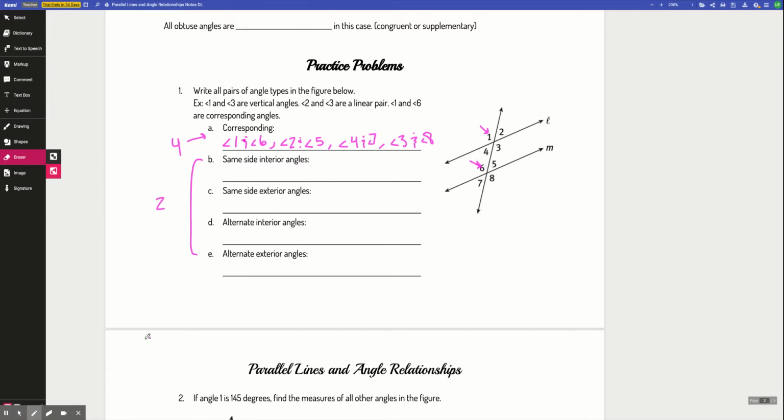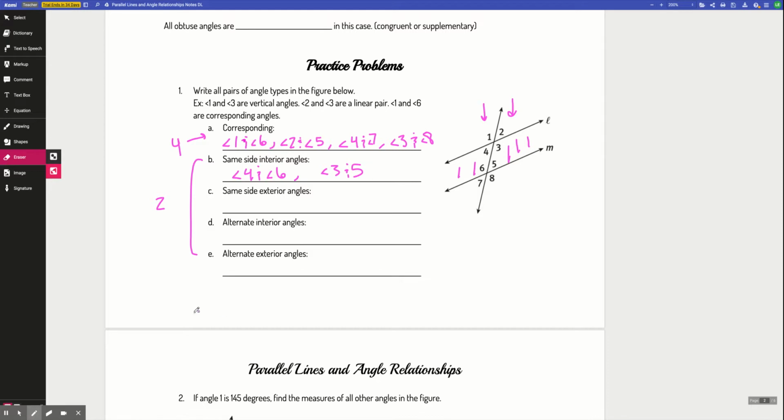Same side interior angles have to be on the same side of the transversal, so either both on this side or both on this side, and they must be trapped inside the parallel lines. My two sets of same side interior angles are 4 and 6, and then 3 and 5.